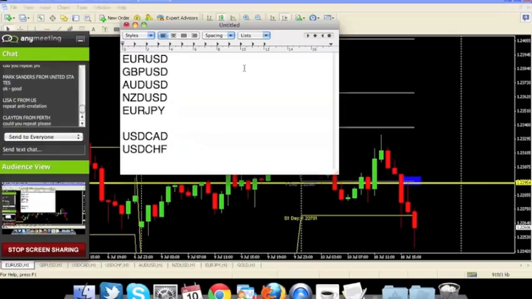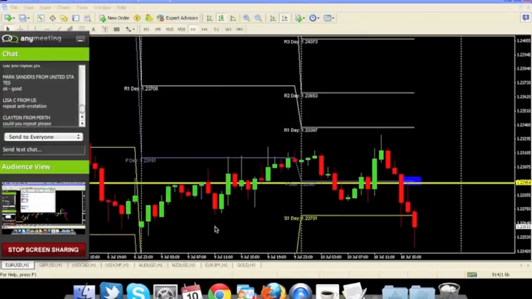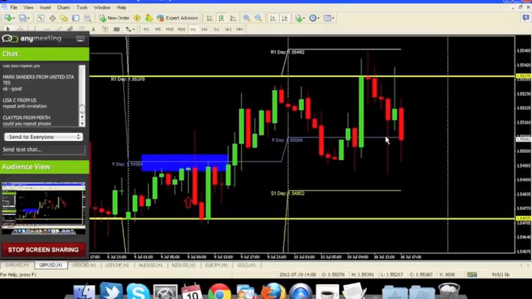Okay. These are the pairs that correlate together. Basically, all these pairs on top always go in one direction, and these two pairs on the bottom always go the opposite way. Take a look at Euro USD. You see how in the last 5-6 hours it's going down? Pound, same thing.